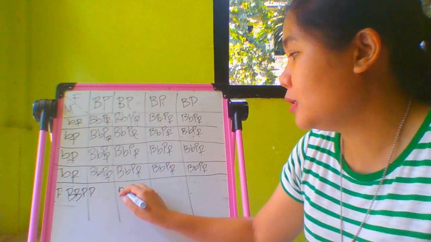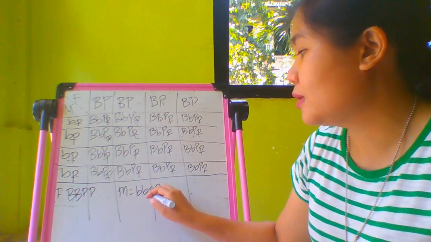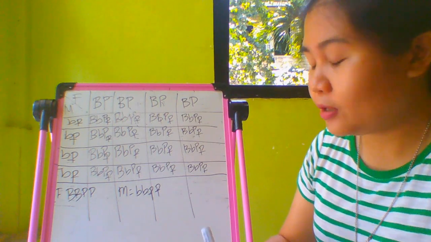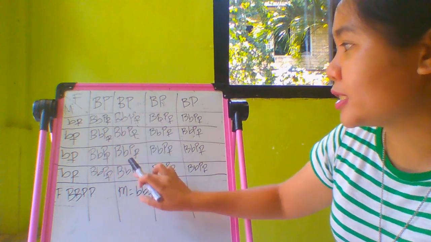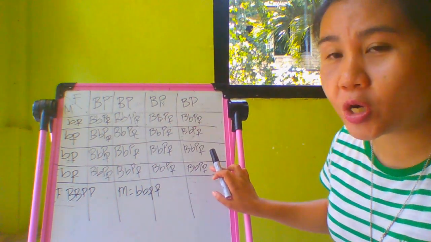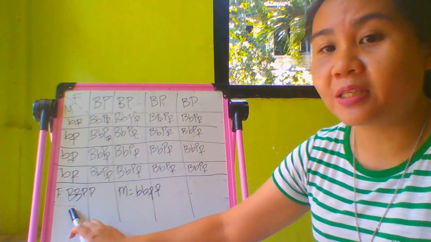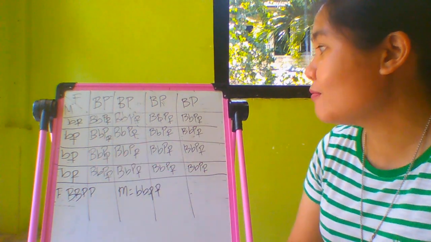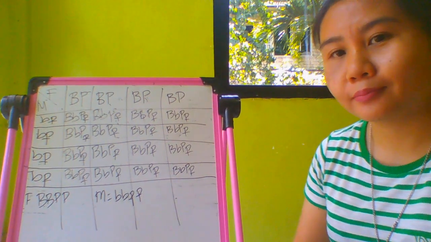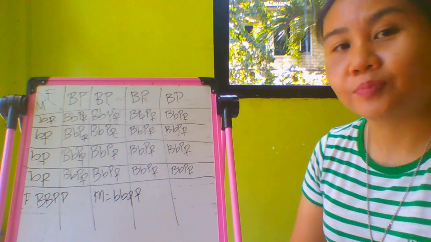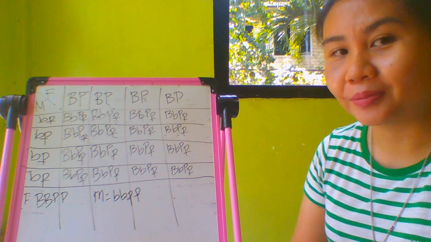While the male is bb pp. Is there a possibility? You have to check first which of the boxes we have here has the same genotype as this one. Do we have? No. Wala.